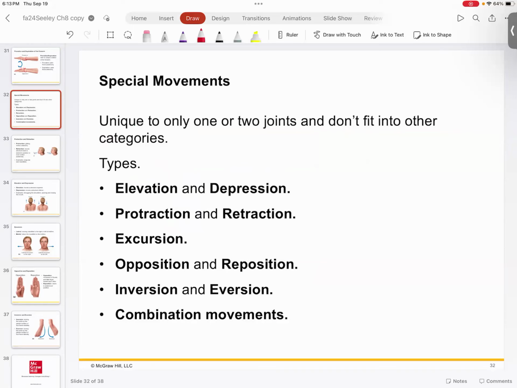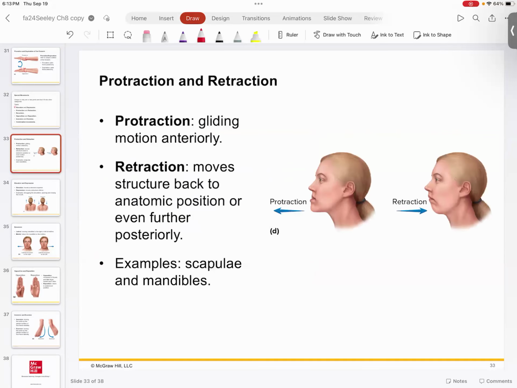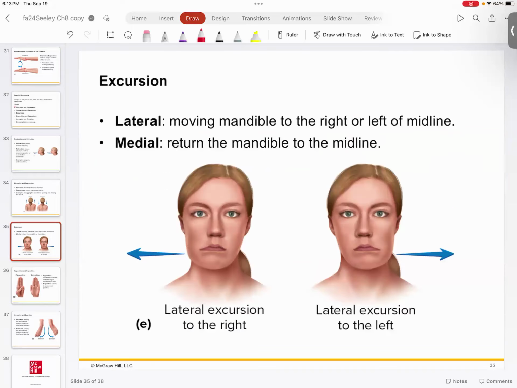Okay, there's some special movements. Those are the main ones, right? These are the specialists. Typically, there's only a couple of joints that do this, right? For instance, the elevation and depression is associated with your mouth. So for instance, where did I put that one?